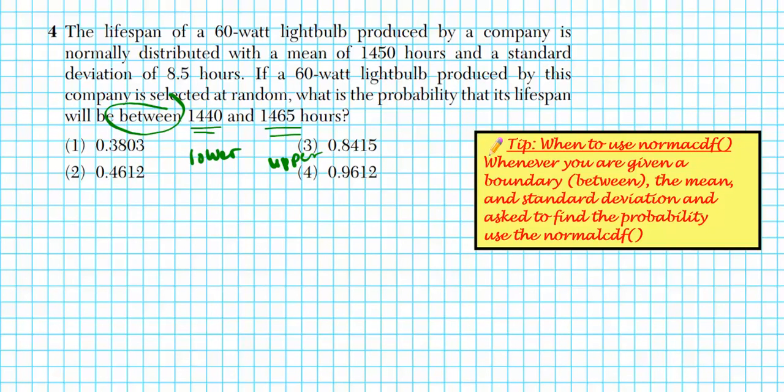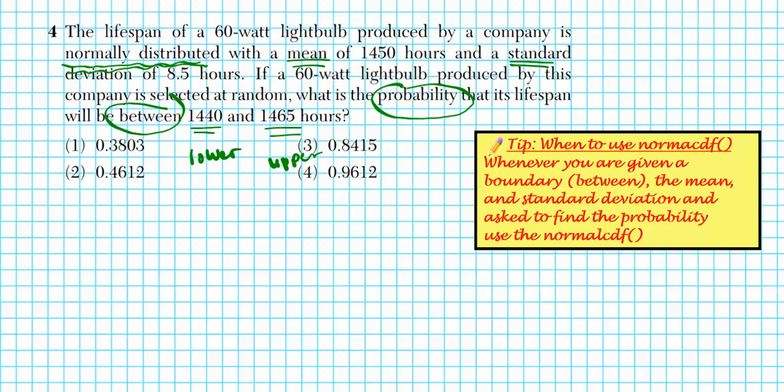Whenever you're given a boundary, two numbers that you're between, you're given the mean and the standard deviation, and you're asked to calculate the probability given the fact that the data is normally distributed.